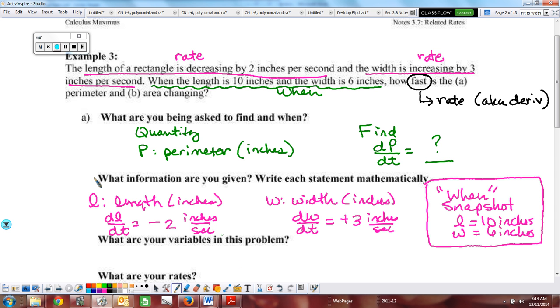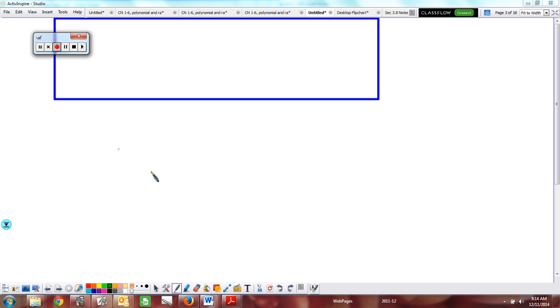What is changing over time? All right, so what we have is this rectangle. So here's just a generic rectangle. I actually do not know what the length and the width of this rectangle is because over time, the length and width of this rectangle are changing, because they gave me the rate at which they are changing per time.